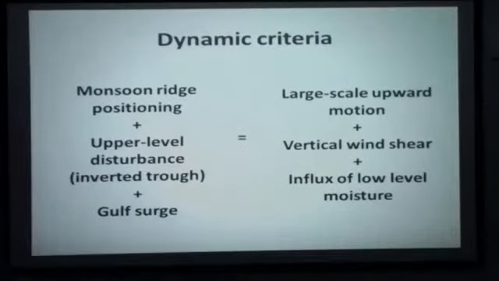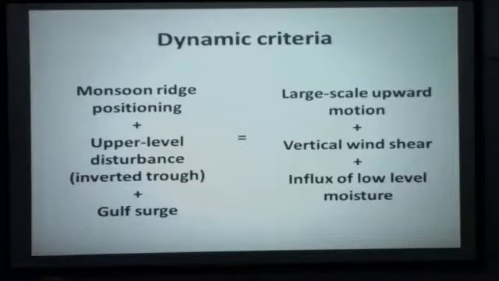This has also been alluded to in other talks in this meeting: the monsoon ridge positioning, the presence of some upper level disturbance, which Jamie mentioned in his talk, and then the presence of some sort of low level transport of moisture, a Gulf surge. Dynamically, the presence of the upper level disturbance and ridge positioning leads to large scale upward motion, which can be considered quasi-geostrophic induced vertical motion.